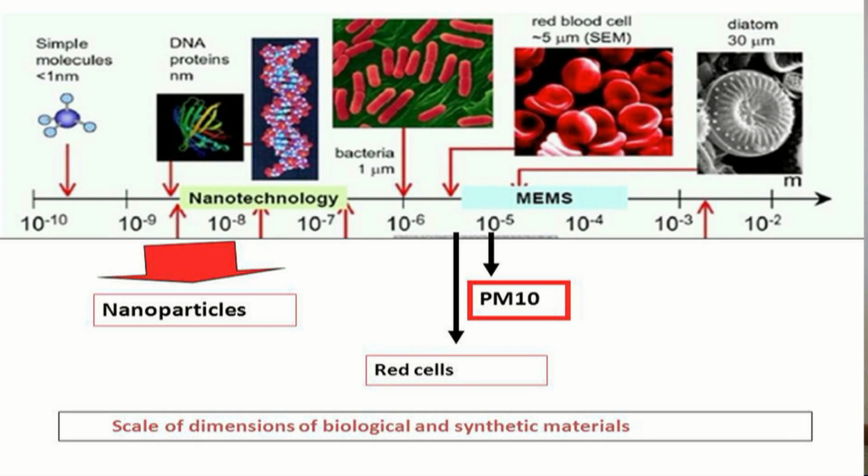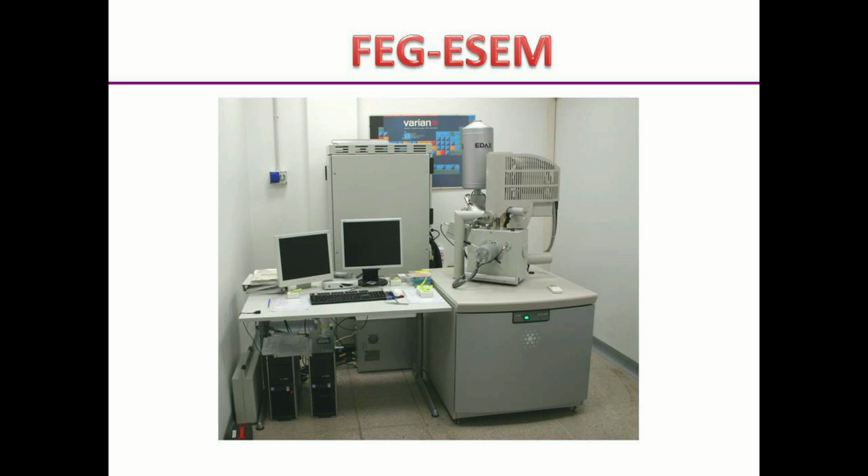Nanoparticles are roughly of the same order of magnitude as proteins, and with proteins they can interact, besides being able to interact with other blood components, like, for example, red cells.